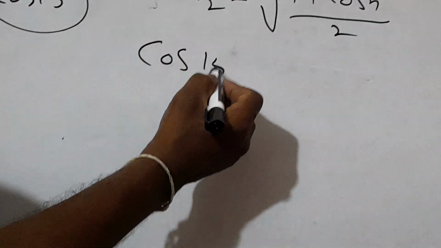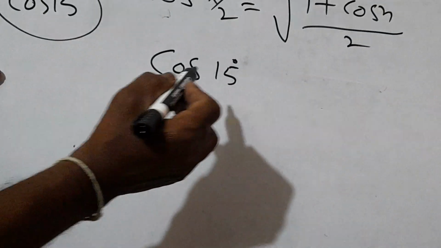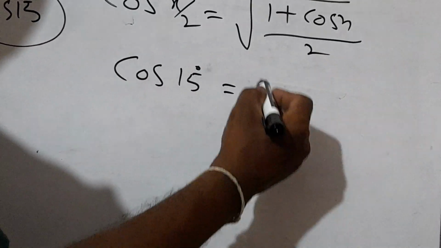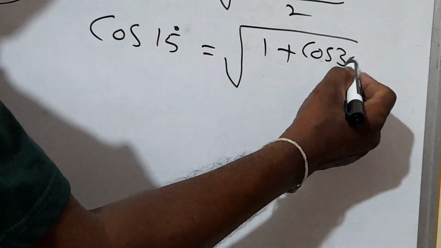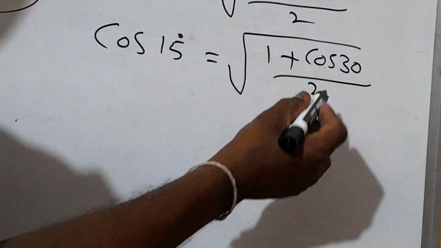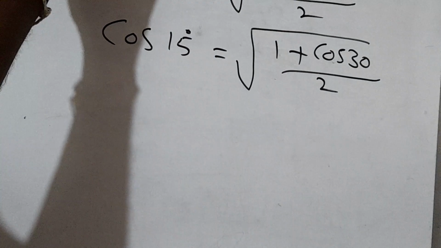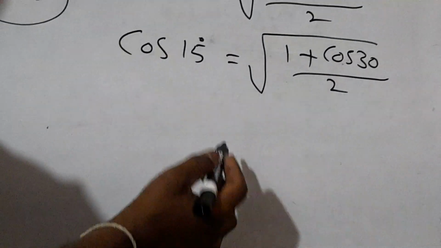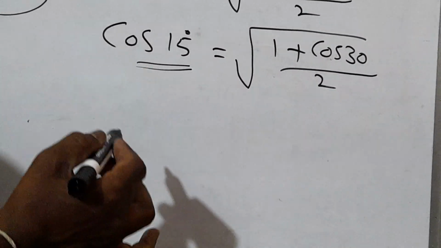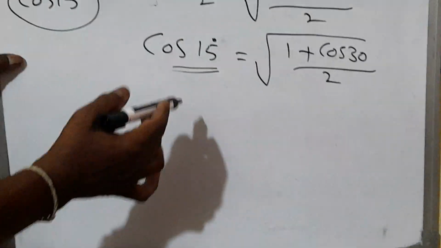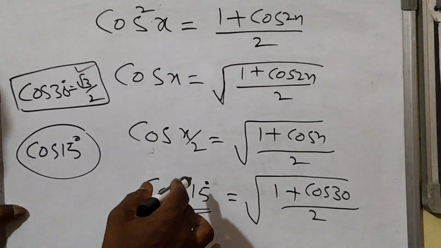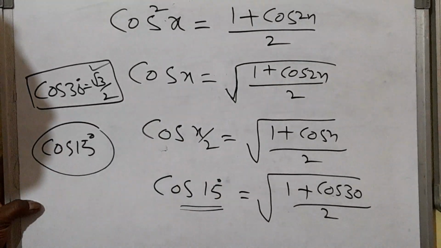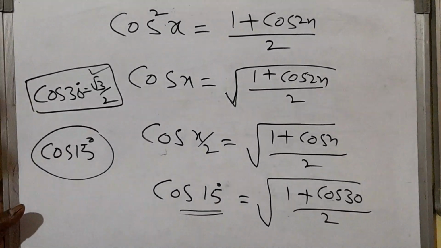Cos 15, where 15 is 30 by 2, is equal to under root 1 plus cos 30 by 2. In place of cos 30, if you put root 3 by 2 and simplify, we can find the cos 15 value. In the same way, you can find sin 15, tan 15, all these. While doing such questions, these formulas are very, very helpful.